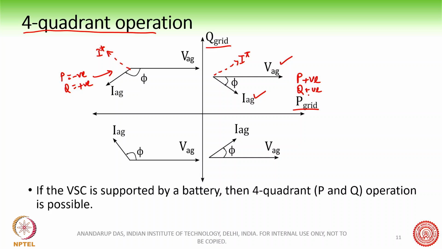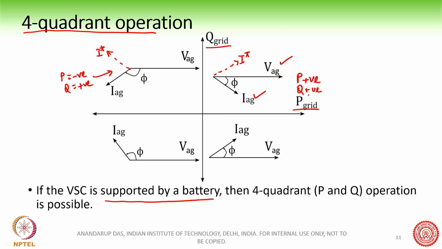Now, of course this is only possible if the VSC is supported by a battery, because unless there is a battery, you cannot draw. Here we are assuming that the VSC is able to deliver or absorb whatever amount of P and Q it is being asked to.